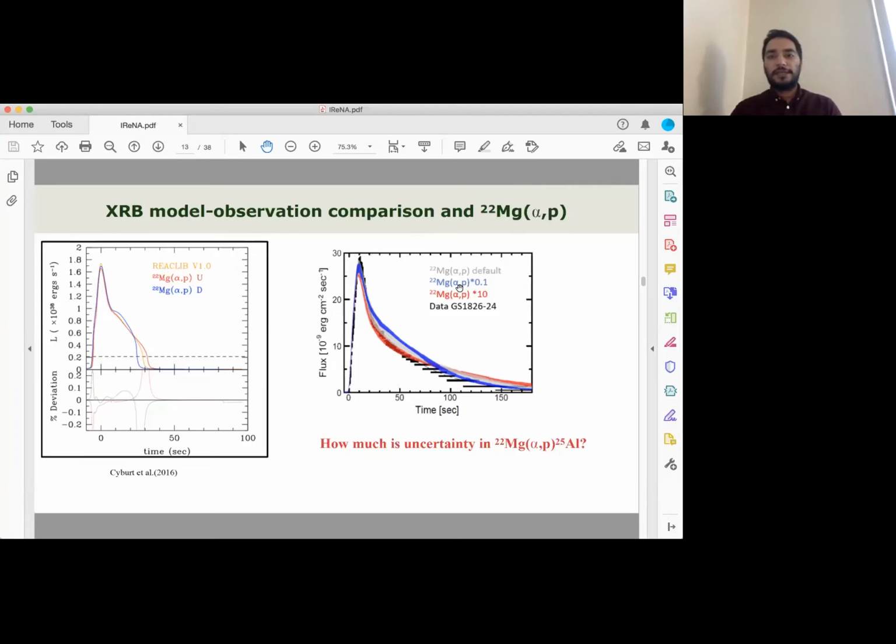Here he has shown the impact of varying 22Mg(alpha,p) by a factor of 10 up and down, and you can see how it changes compared to the observations for the same source we were discussing before. Now the question is: it shows a variation by a factor of 10 up and down, but in reality, how large is the uncertainty in 22Mg(alpha,p)?